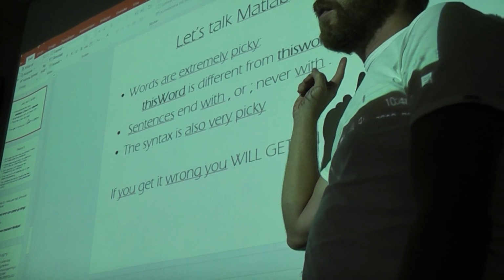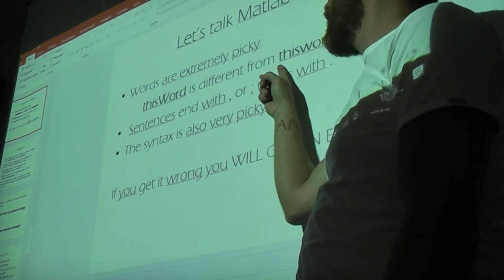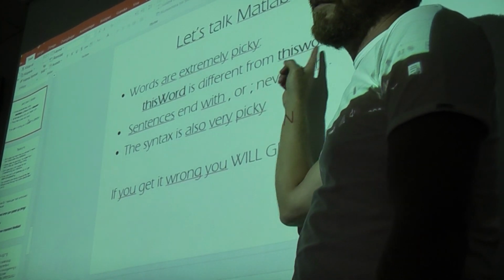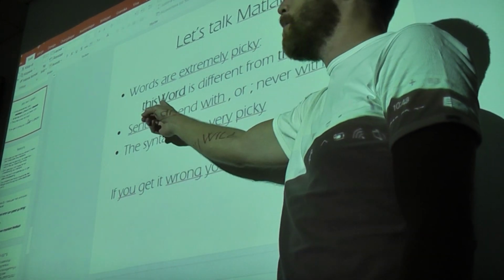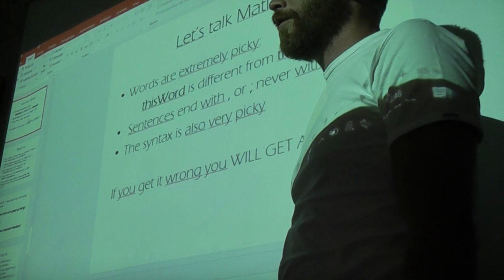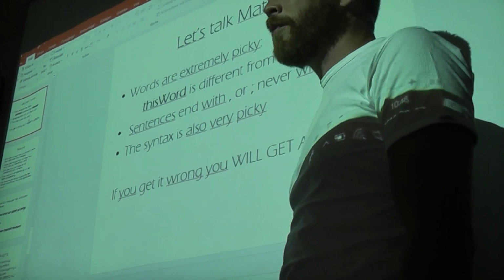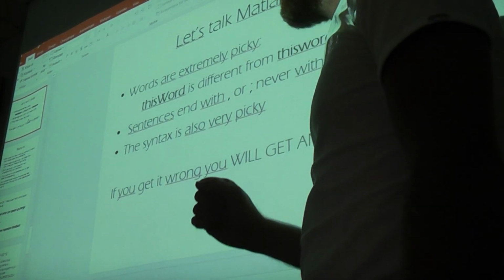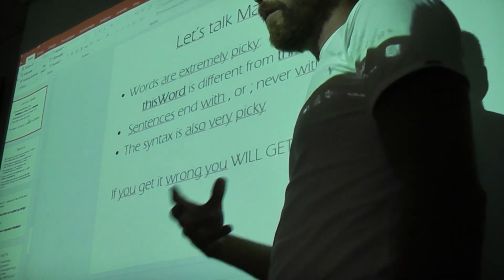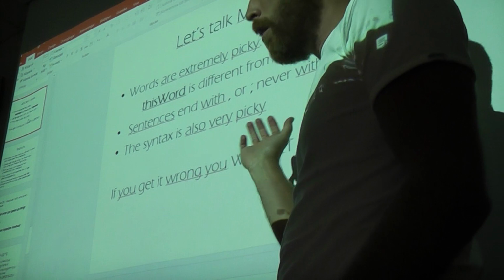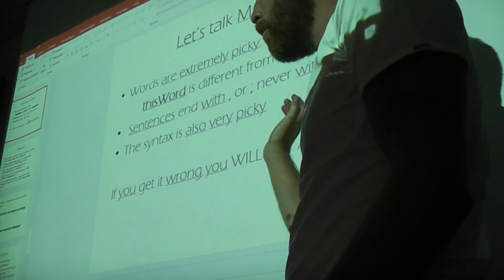To a human, we still understand that this is the same as this. Who cares if there's a capital W or not? But Matlab is really, really sensitive about these things and will not understand anything. So it gives you red text saying, I don't understand. I don't know what you're talking about.